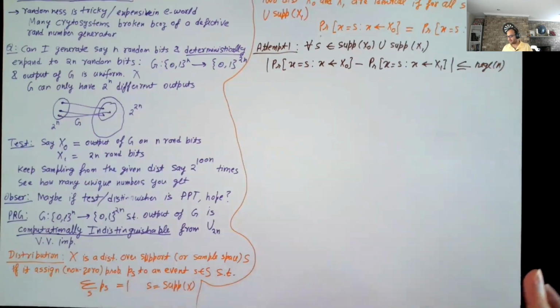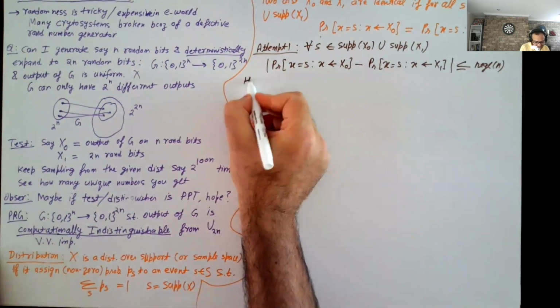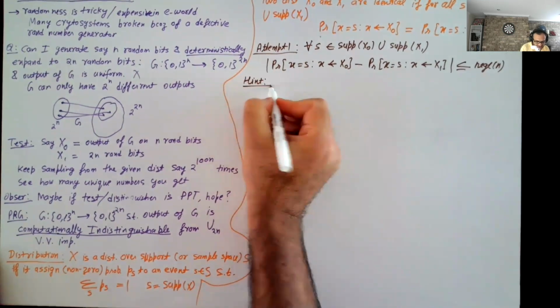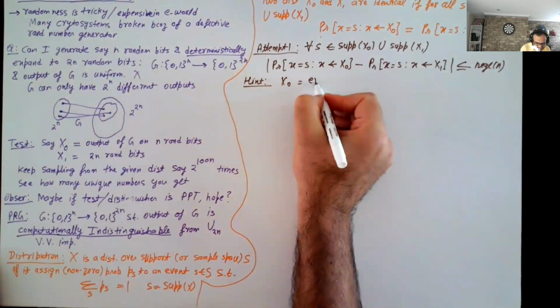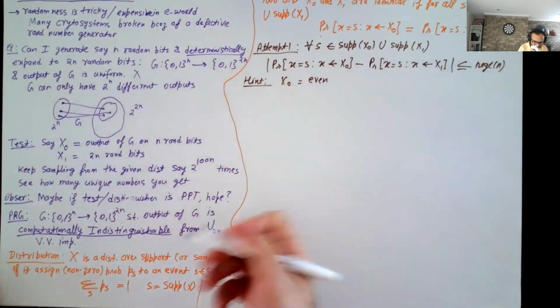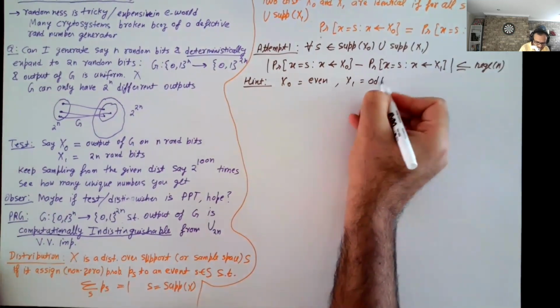Is this good or bad? And let me give you a hint maybe. So think of x0 as all even numbers and x1 as all odd numbers.